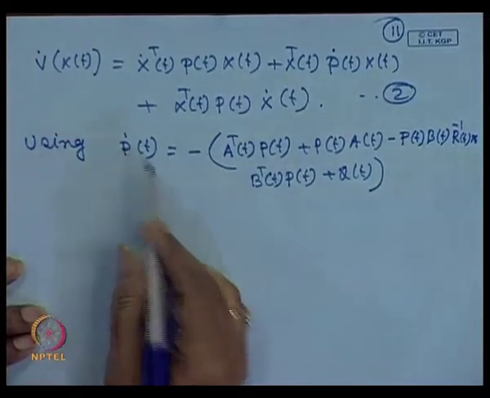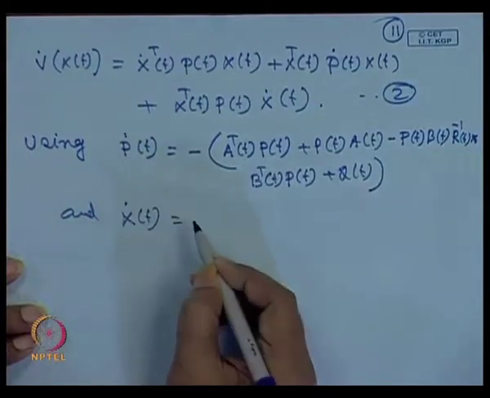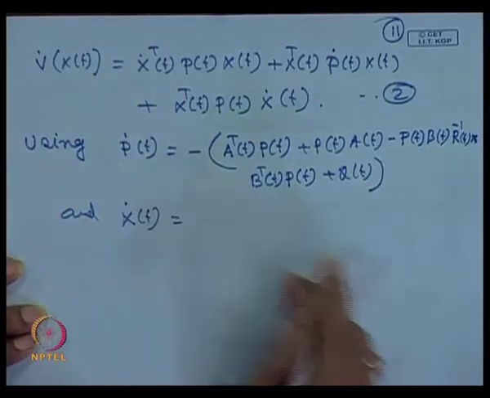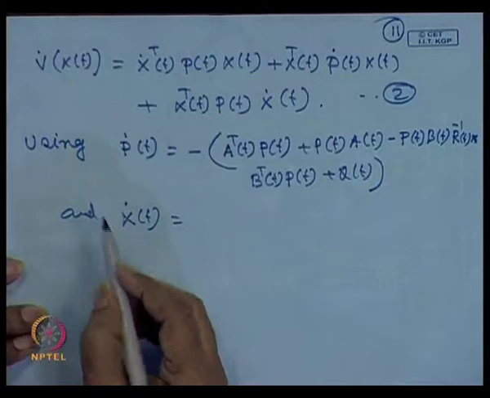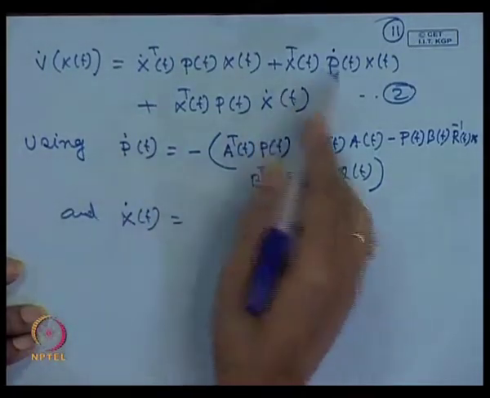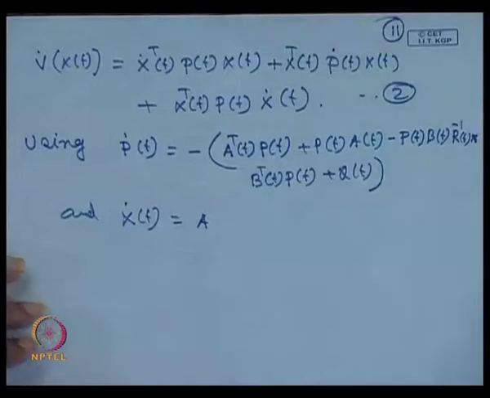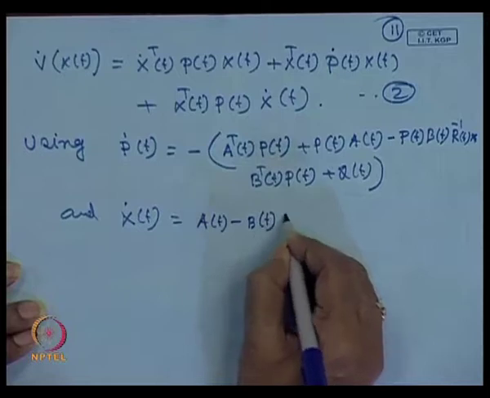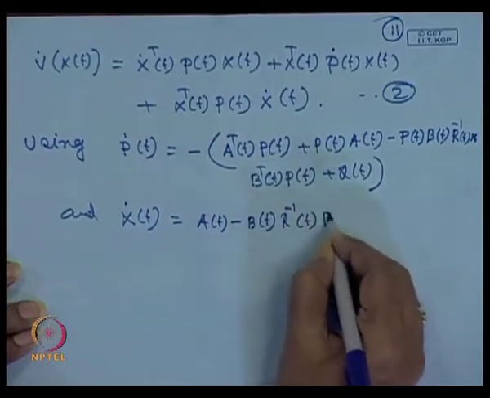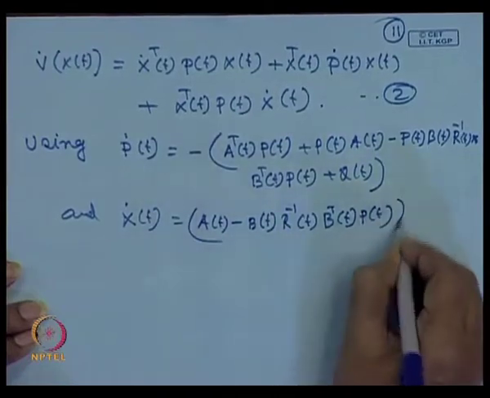Use this P dot expression, and the x dot expression we got just now, which is A of t minus B of t R inverse of t B transpose of t P of t into x of t.